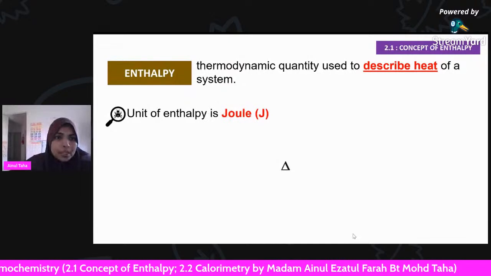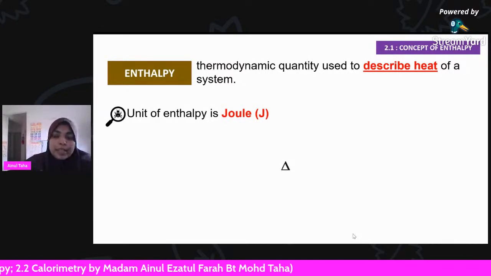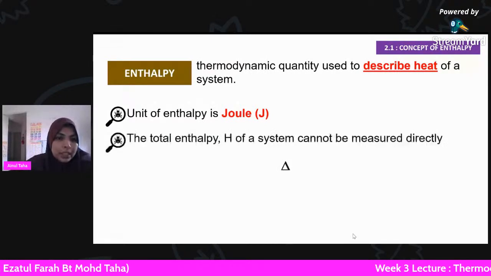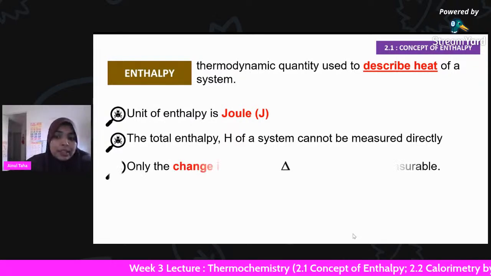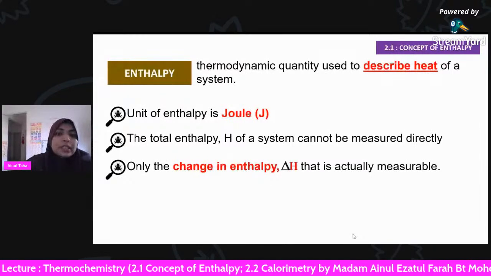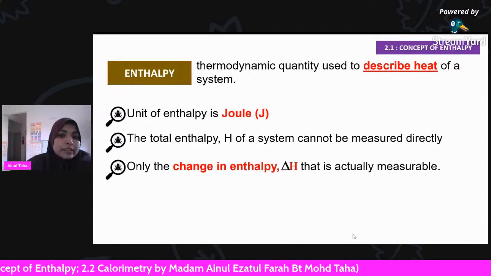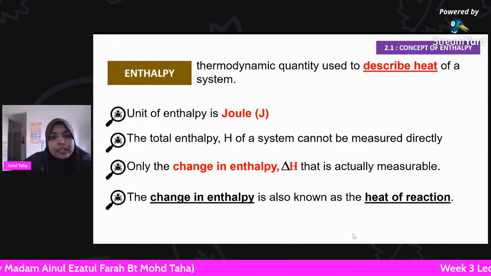The unit that we use to represent enthalpy is joule, or capital J. The total enthalpy of a system cannot be measured directly, but we can measure the change in enthalpy, which we also know as delta H. The change in enthalpy is also known as the heat of reaction.